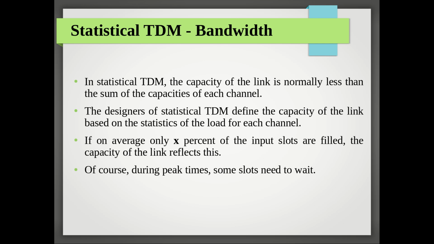They may ask you a question like explain statistical TDM, or there may be questions like differentiate between synchronous and statistical TDM. We discussed many points and you have to list them. Whenever they are asking any question like compare or differentiate, it is always better to give them in a list. Simply don't try to write many things. Just look at the evaluator's view, how that person will be evaluating.